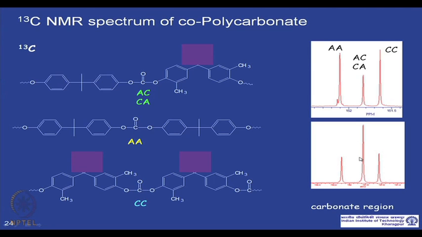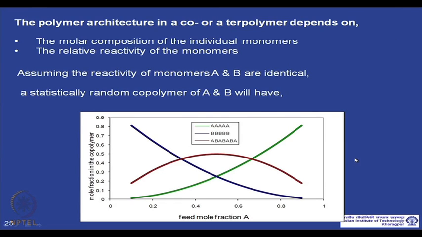This is more random. So with this type of NMR analysis, we can clearly say whether a copolymer is a random copolymer or a block type copolymer.